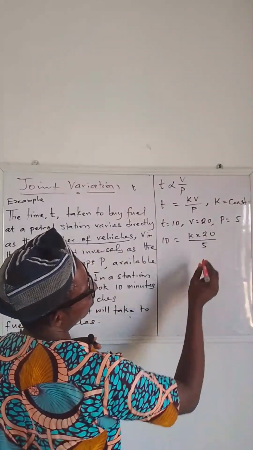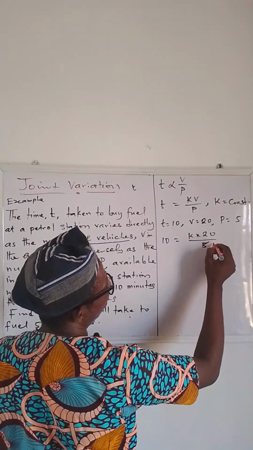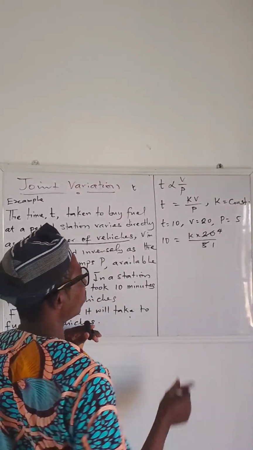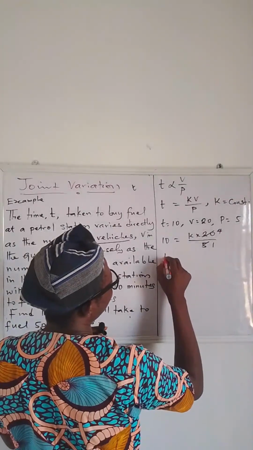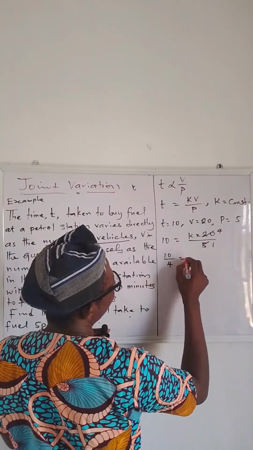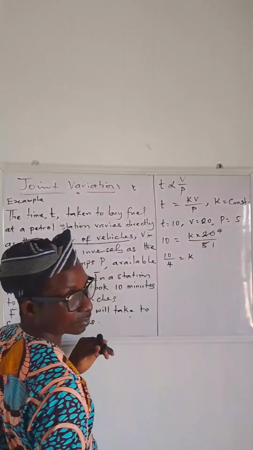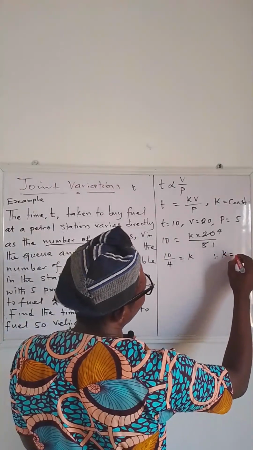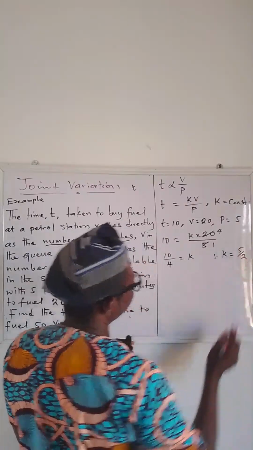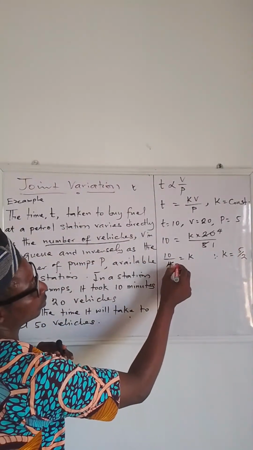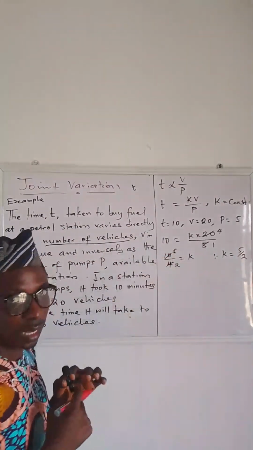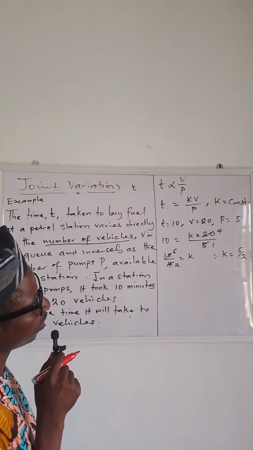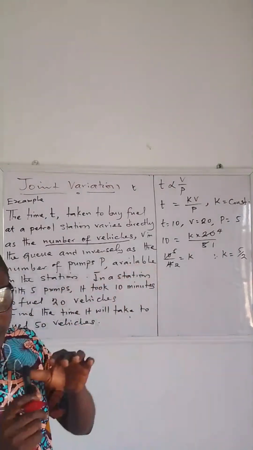So you can simplify this. 5 goes into 5 once, and 5 goes into 20 four times. So you divide both sides by 4, and you have 10 over 4 equals K. Therefore K equals 5 over 2. I want to believe we understand that. So that is the proportionality constant, and we can get the connecting formula.